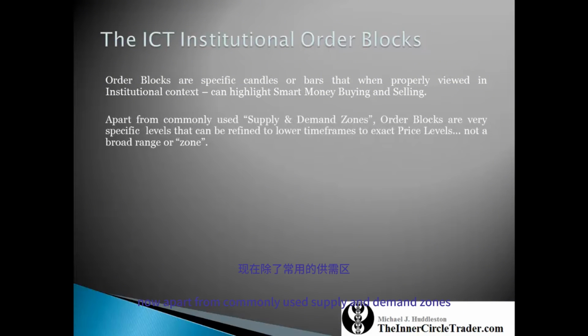Now, apart from commonly used supply and demand zones, order blocks are very specific levels. They're particular price levels that can be refined on lower time frames to exact price levels, not broad ranges or zones. If you go on the internet and do a Google search on supply and demand zones and trading supply and demand, you'll see a lot of overlapping ideas amongst the mentors or teachers in that realm.